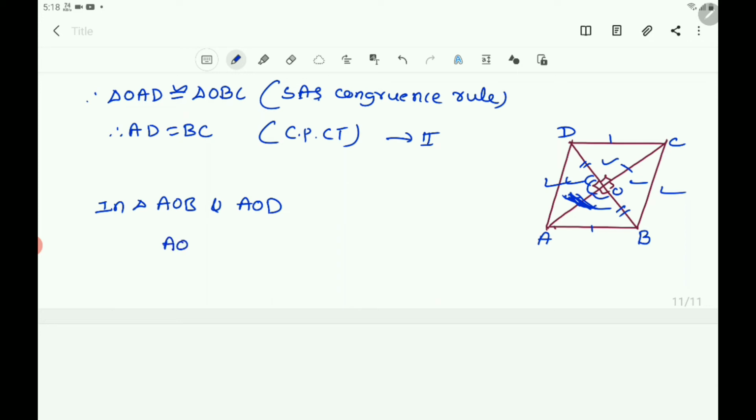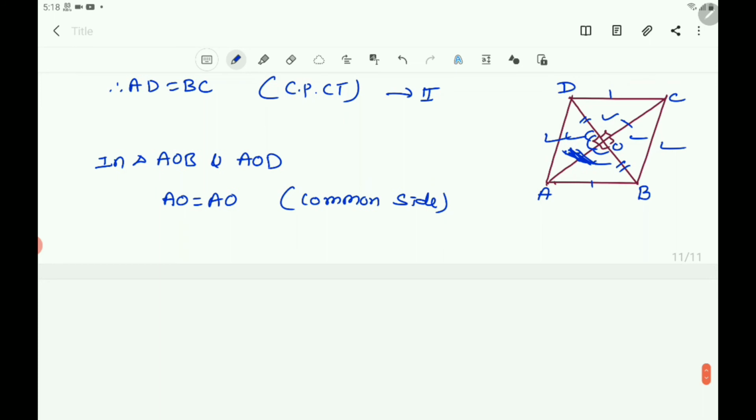Write AO equals AO, common side. And BO equals OD, that is also given.